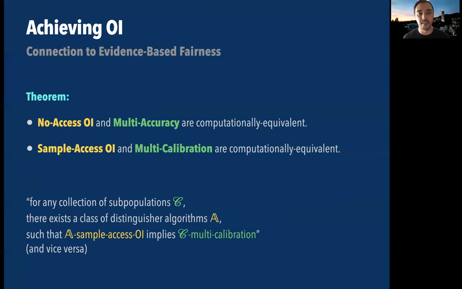So what does this say? The result says that for any collection of subpopulations C, we can turn it into a class of distinguisher algorithms such that A sample access OI implies C multi-calibration, and in the other direction. We lose a tiny bit in the accuracy parameter, but in a non-material way.